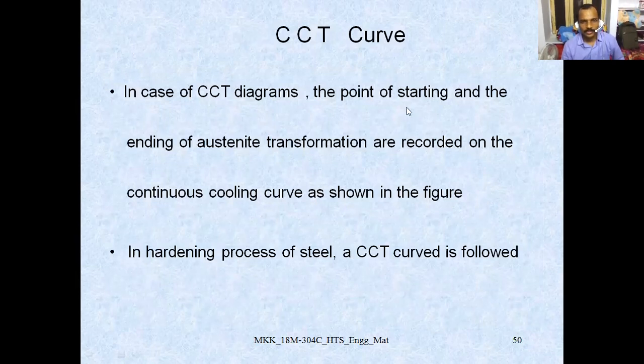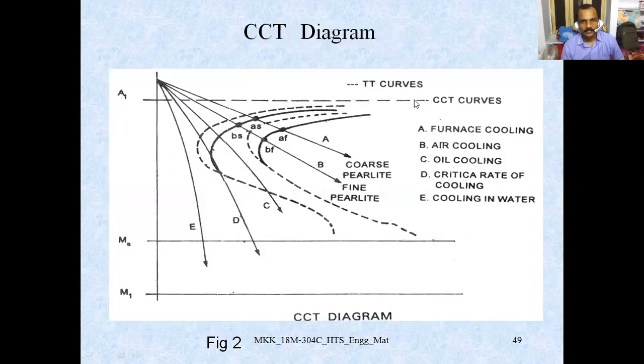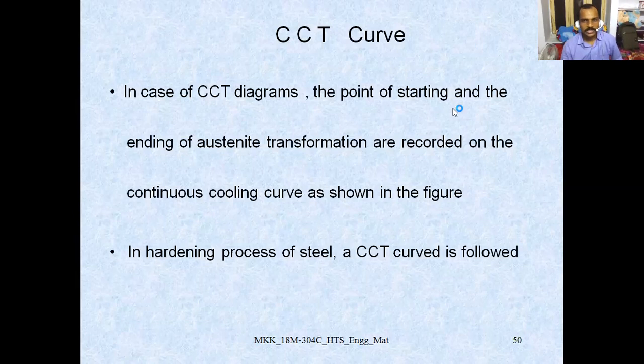So here, this is the CCT curve. The starting point as well as the ending of austenite transformation are recorded. That is the cooling curve, and in the hardening process of steel, the CCT curve is followed.